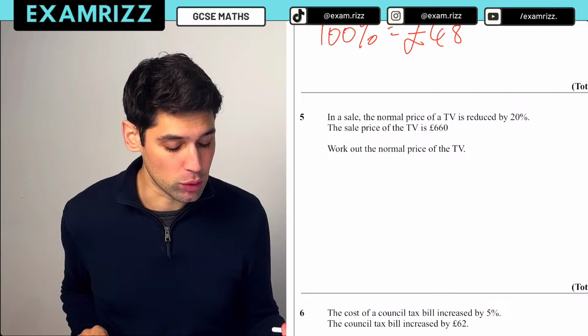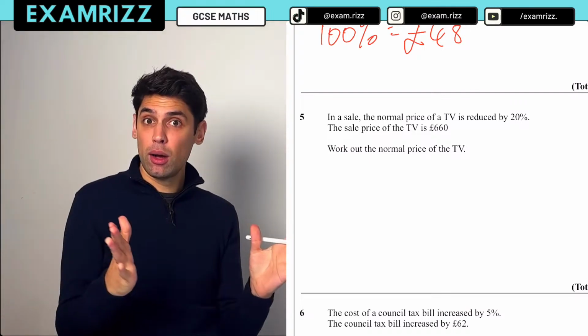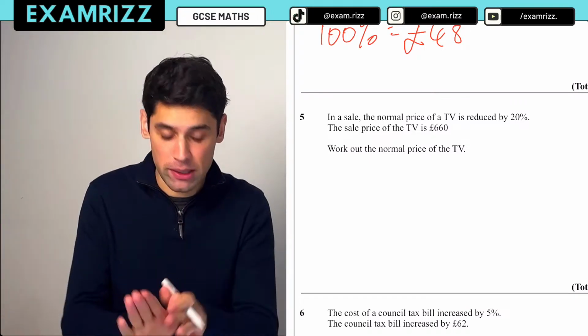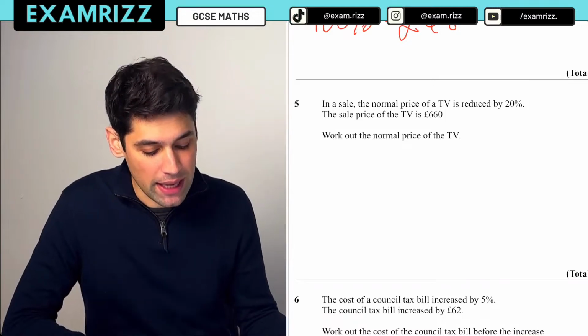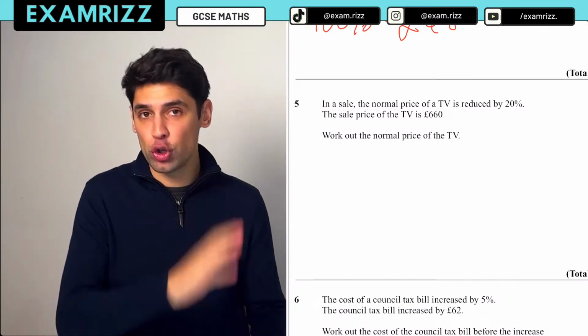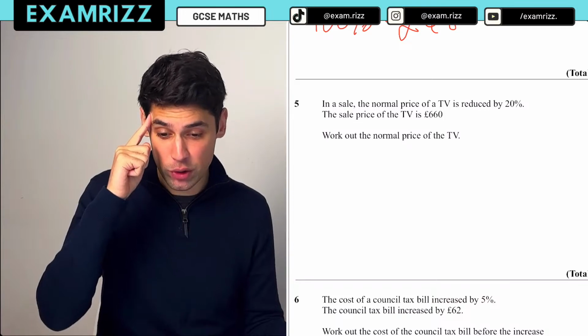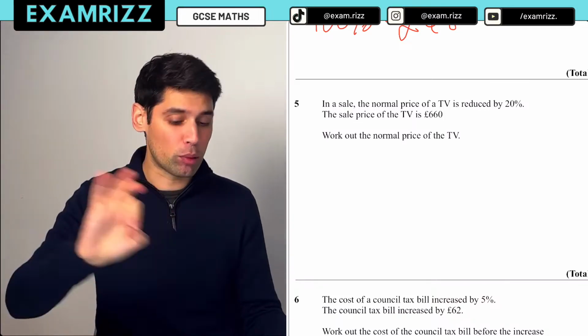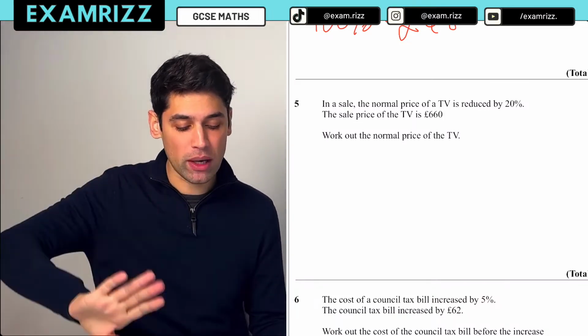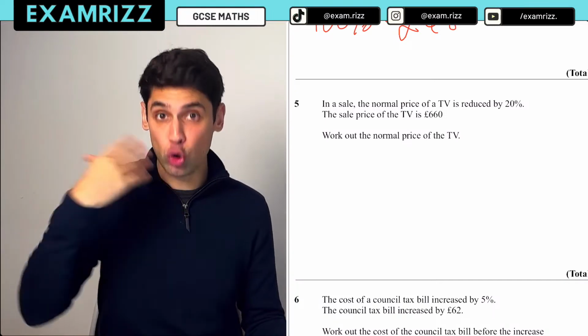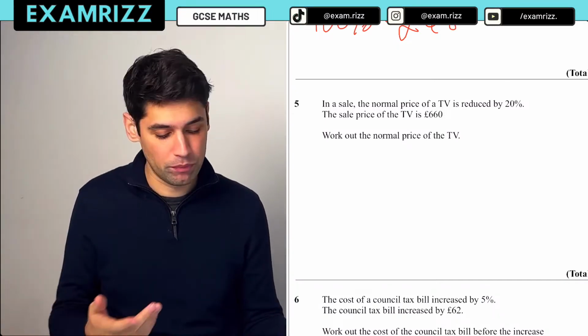And let's read this one carefully as well. Not because it's going to be a trick, but because we're now aware that it could be. So, in a sale, the normal price of a TV is reduced by 20%. Thinking what our decimal multiplier is already. The sale price, so not the original price, the sale price of a TV is £660. Work out the normal price, the original price.